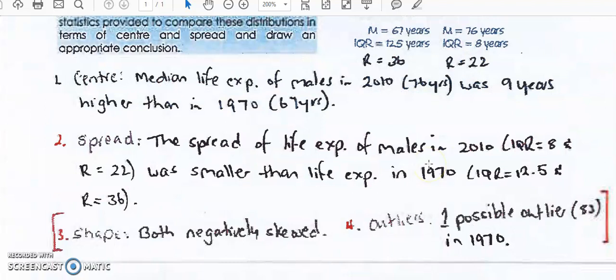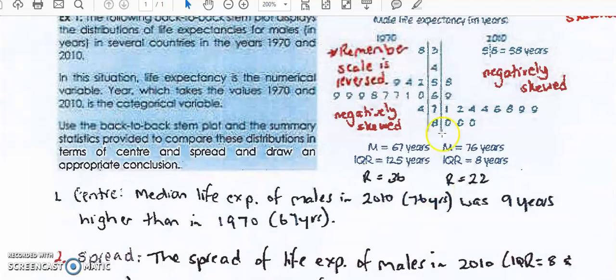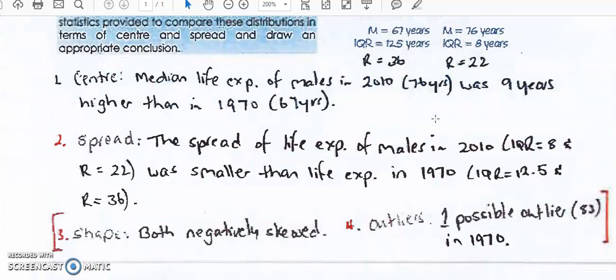And the last thing, you could possibly talk about any possible outliers, which I said before. Again, 38 is definitely considered an outlier, I tend to think anyway, but we don't need to do any maths about it. You can just say that it's possible.